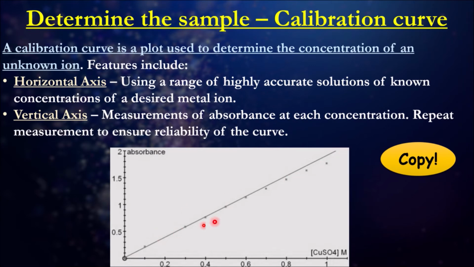We tend to interpolate, using specific points on our line of best fit to work out what the concentration might be, or the absorbance. So it's good at telling us the concentration of an unknown ion, so long as we interpolate rather than extrapolate.